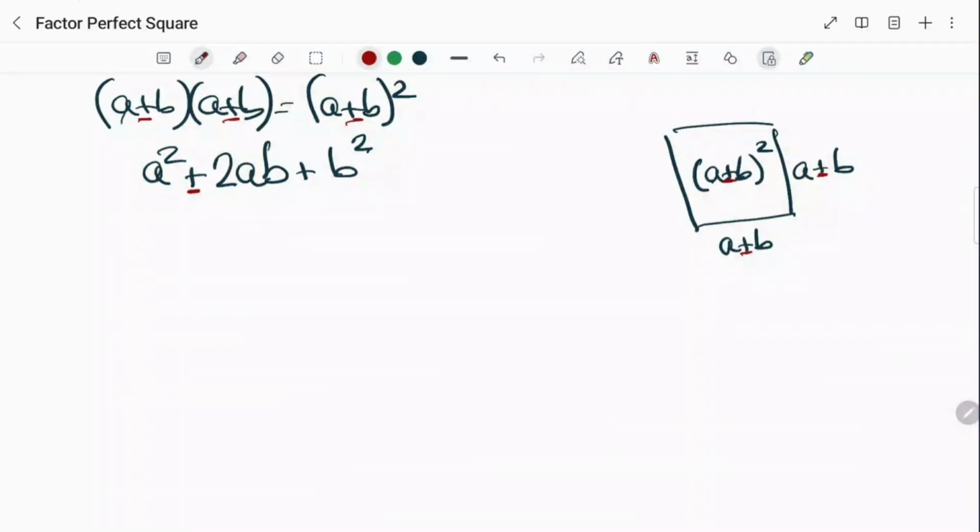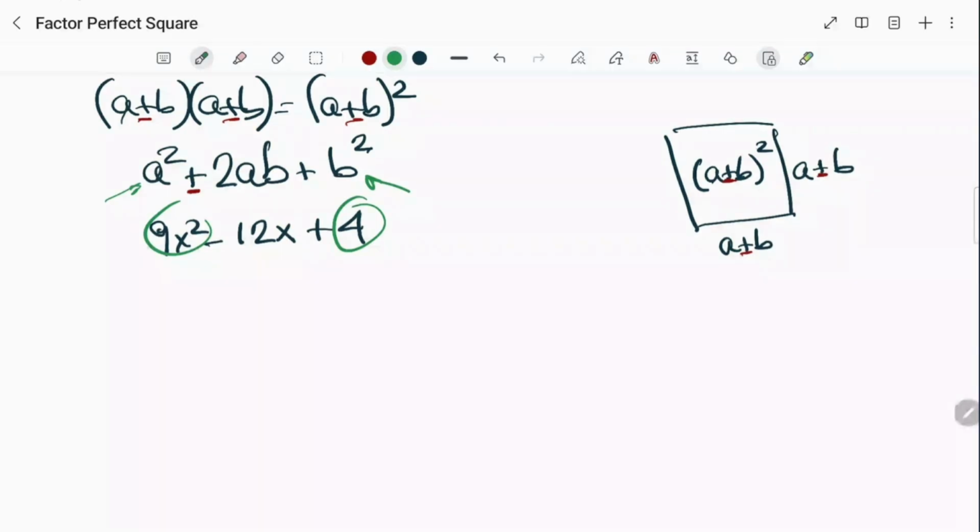Okay, then in that condition, the following exercise, 9x to the square minus 12x plus 4, we can consider that that trinomial is a perfect square. If we check our first term and the last term, both are squares of expressions.